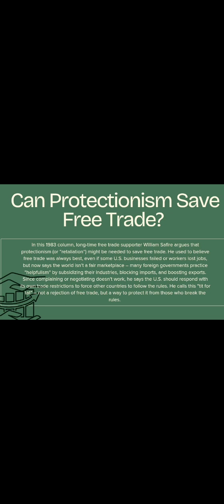William Safire used to be a big fan of free trade. He thought government should stay out of trade, even if it might make some US businesses close or workers lose jobs, because the long-term benefits were worth it. But by 1983, he saw that many foreign governments were playing by helping their own industries, what he called mercantilism: giving them money, keeping foreign goods out, and pushing their exports.